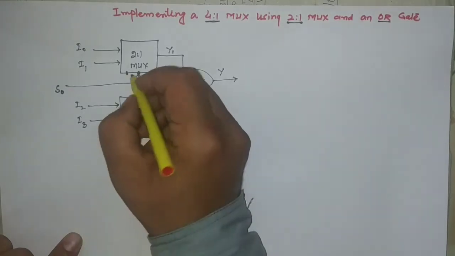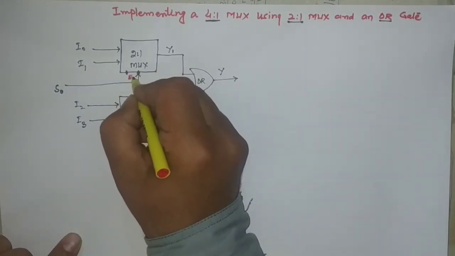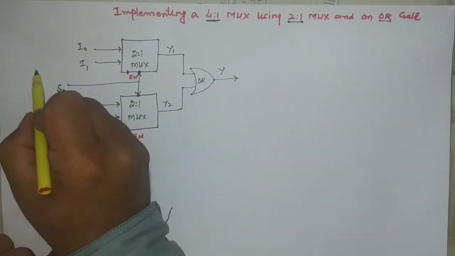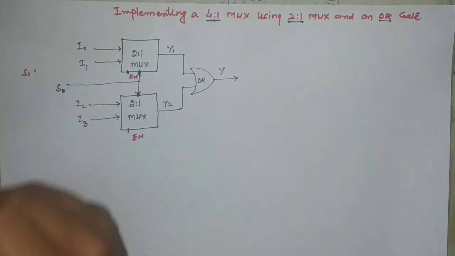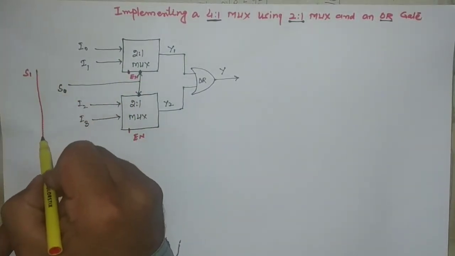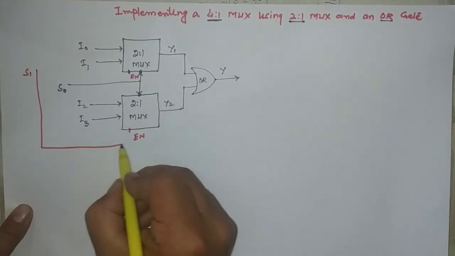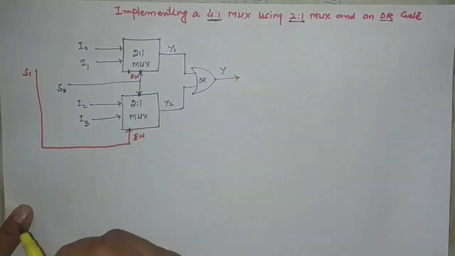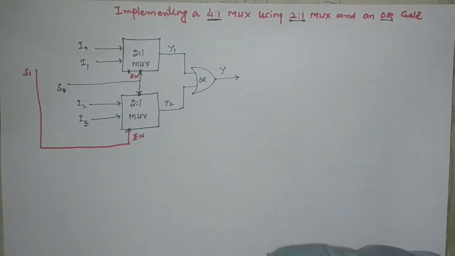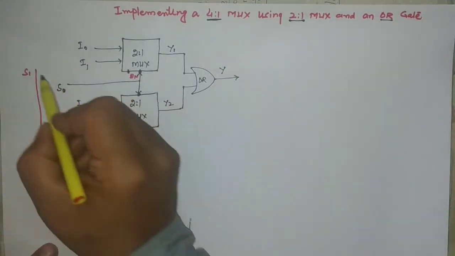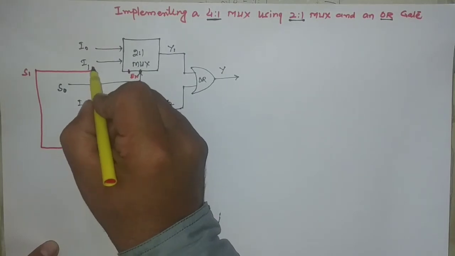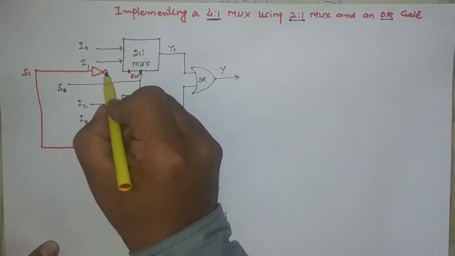This is one signal, S1, which we will join with the enable. For one multiplexer we are joining it as it is, but because only one of these 2 multiplexers will be activated at a given time, for the second we are joining it through an inverter.